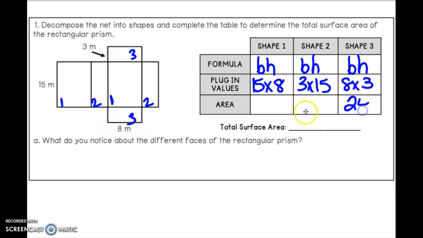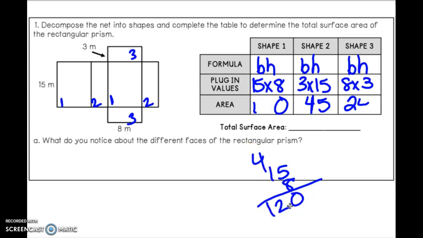So that's 24. That's 45. 8 times 15 is, I got to do it out, 120. Okay? So if we add those all together, remember we're going to have to times it by 2 once we do that, because there's 2 of each of them, times 2.